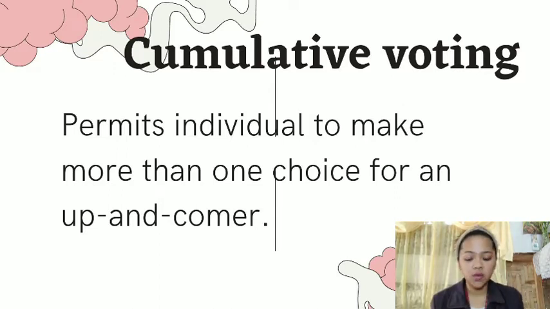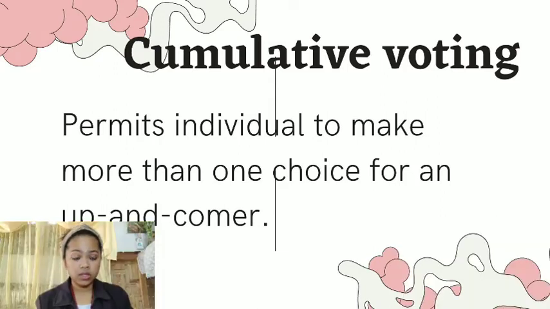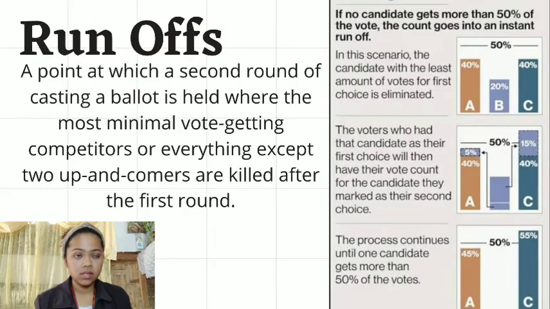Under cumulative voting, John can vote the total of 5,000 votes for any director he likes. Last balloting is the runoffs, a point at which a second round of casting a ballot is held where the most minimal vote getting competitors, or everything except two up-and-comers, are killed after the first round.